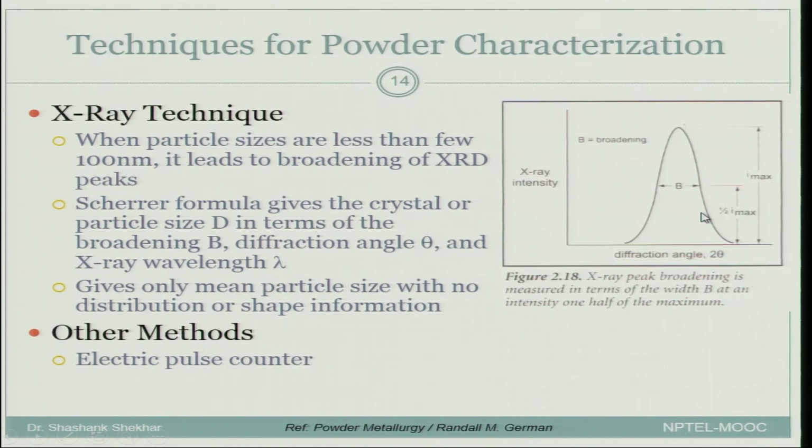This broadening can be related to the particle size, and there is a very simple relation, called the Scherrer relation, to find the crystal or particle size. You can estimate very accurately the average particle size, although you will not be able to get a distribution out of it.